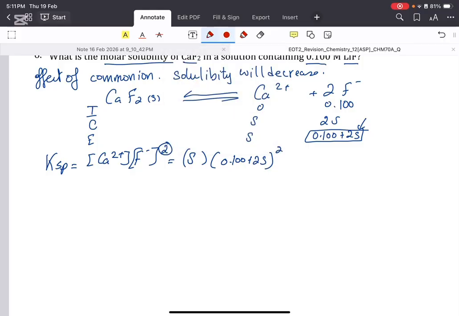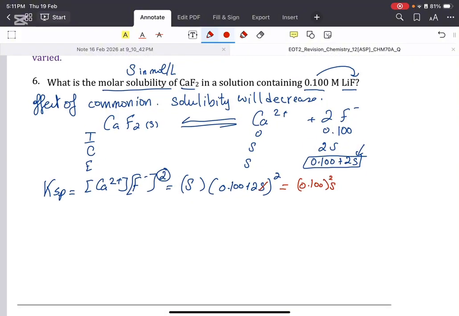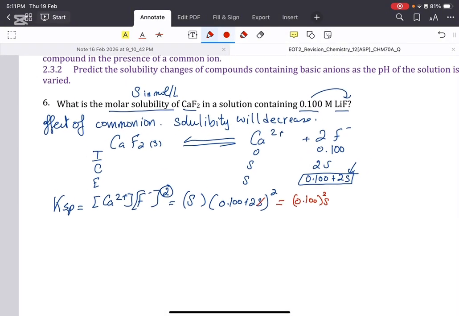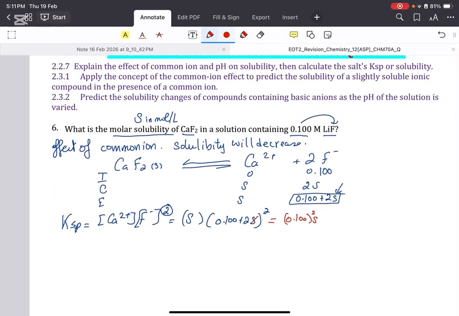Now this 2S over here, to make the calculations easier, I'm going to ignore it. So it's going to be 0.100 squared S.